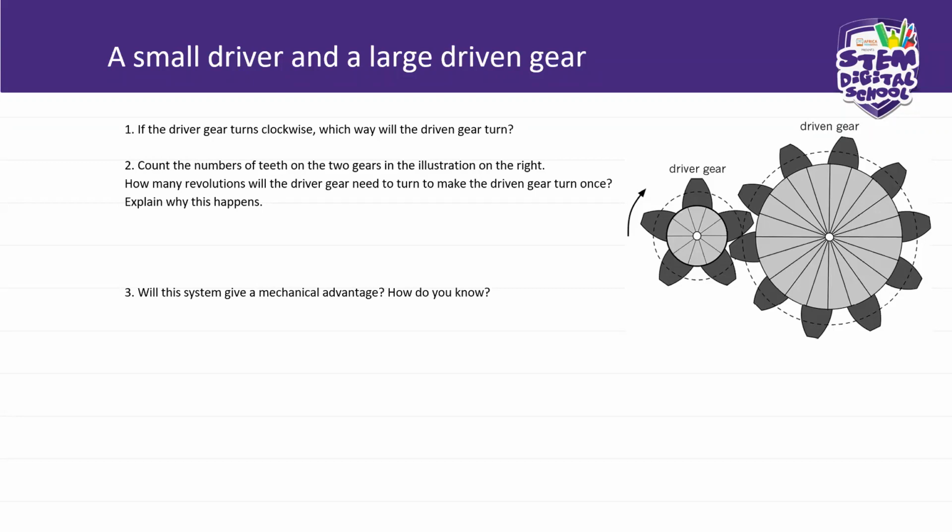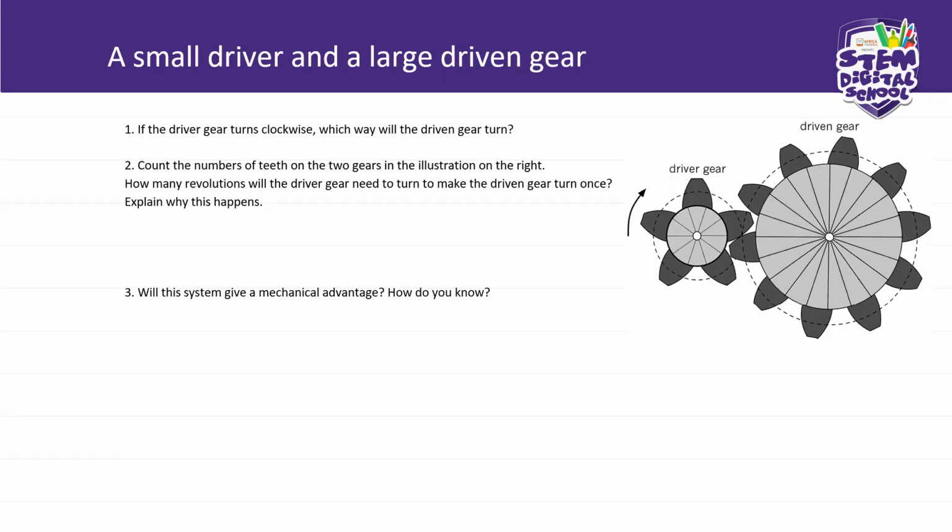We are looking here at the speed advantage and the mechanical advantage of gear systems. Gears are basic mechanisms, as I explained earlier, that machines are made of systems of mechanisms. So a mechanism is the basic part of a machine.